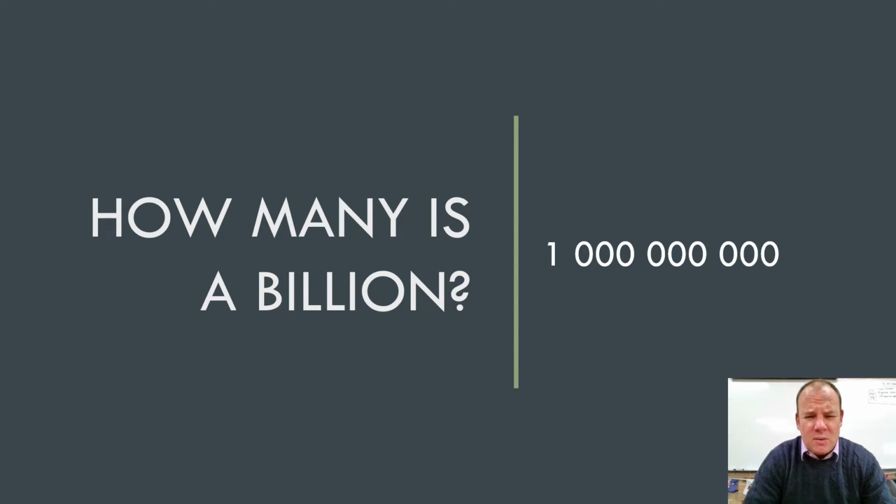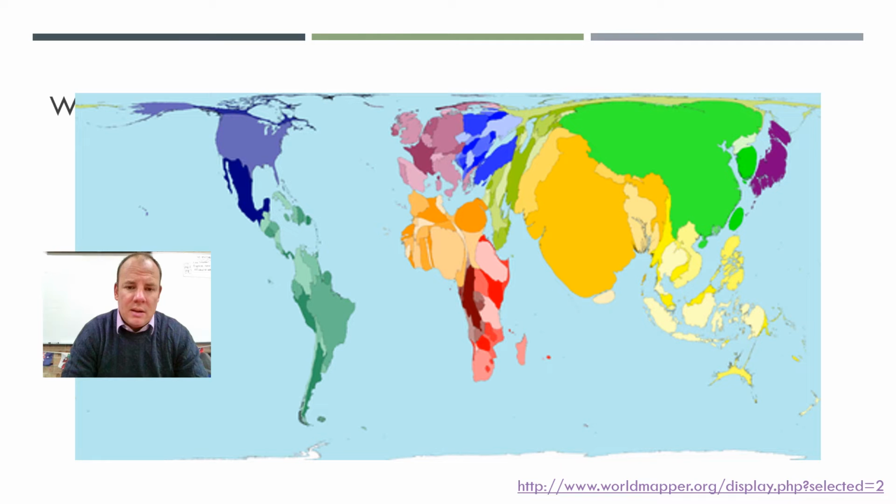And just to give you an idea about how big a billion is, it's a 1 with 9 zeros. So at the moment we've got 7.5 billion. I want you to have that in your head so you can visualize that, because in a minute we're going to start talking about how the world's population has changed.